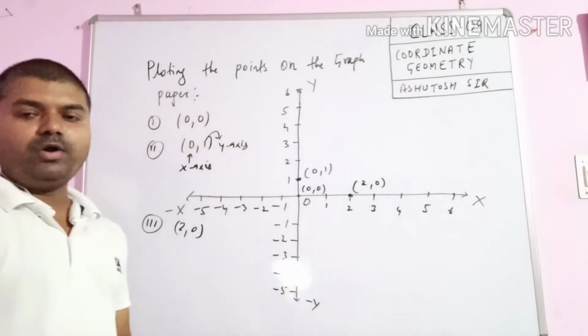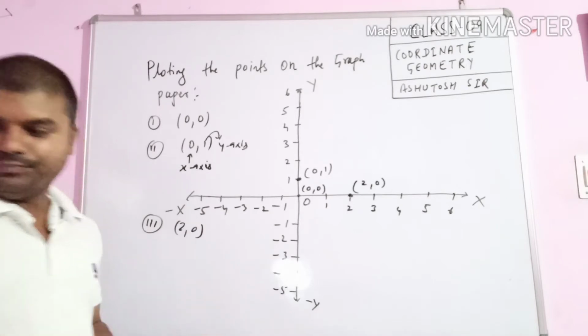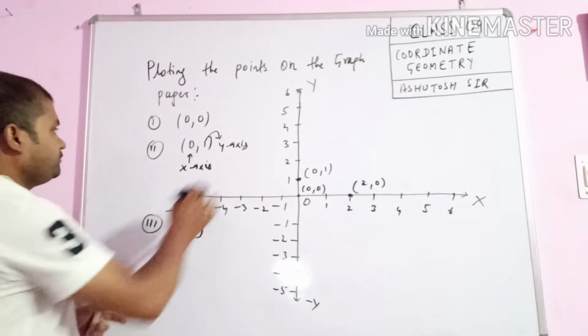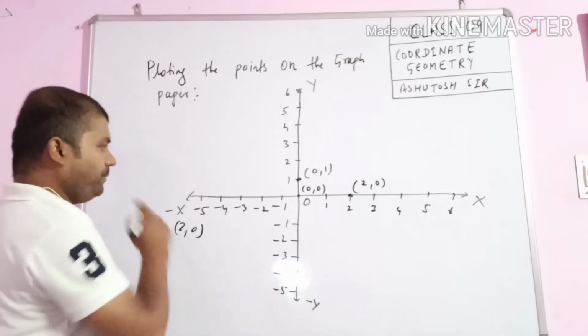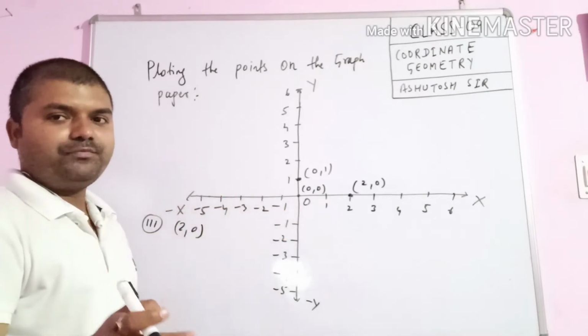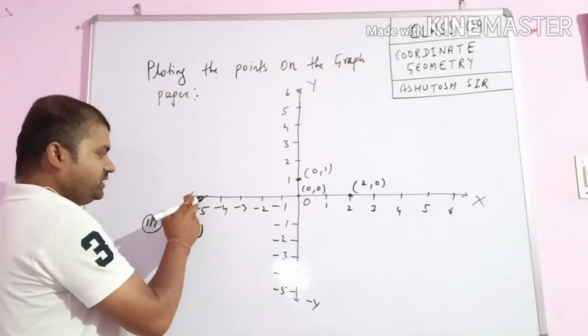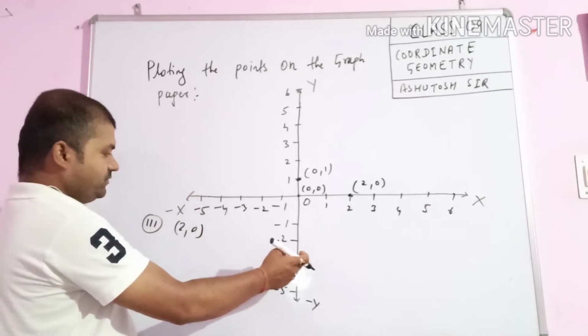If you have a point minus 5 and minus 3, how do we plot it? Minus 5 is the distance on the minus x-axis, which is here, and minus 3 is the distance on the y-axis, which is here.